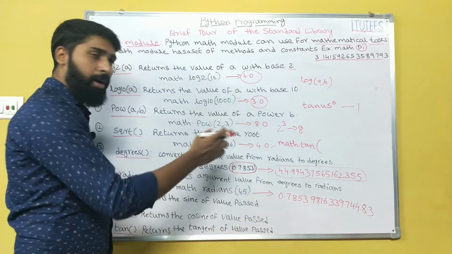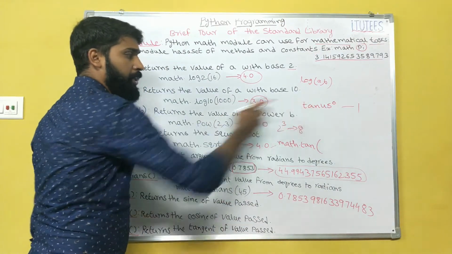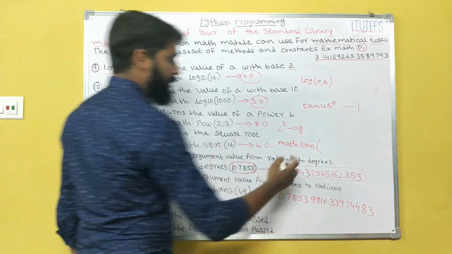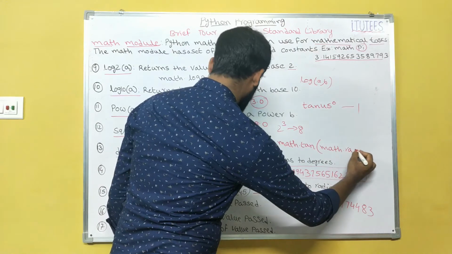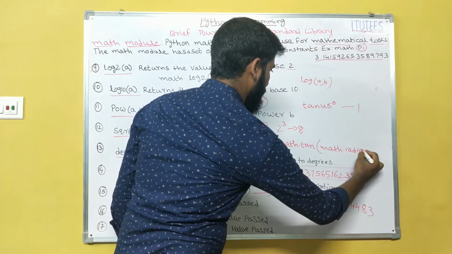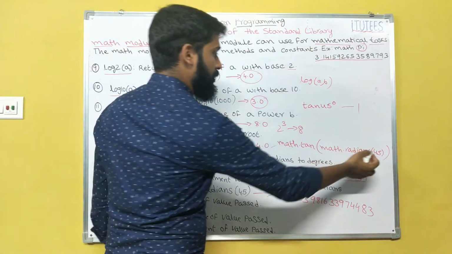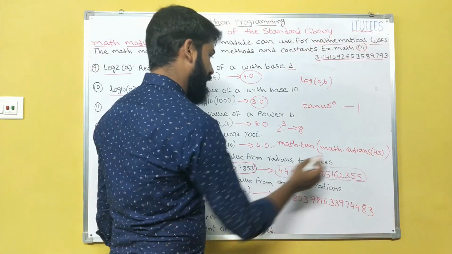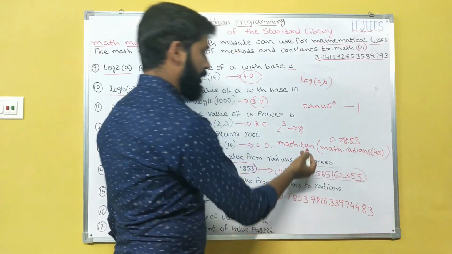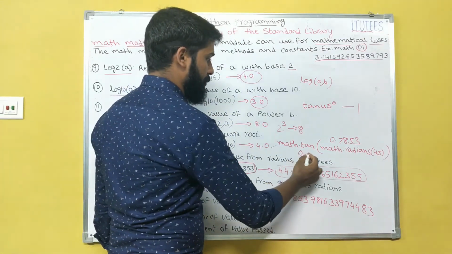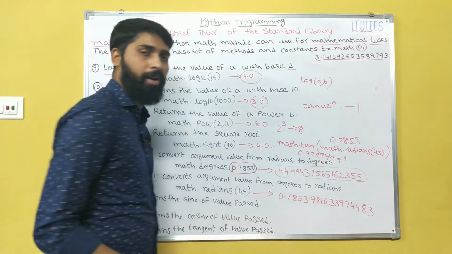If you give 45, that is in the form of radians, but I want it in degrees. So in brackets I give math.radians of 45. It converts this 45 into radians, that means it becomes 0.7853. Now it returns the tan value, which is 0.9999. It is equivalent to 1.